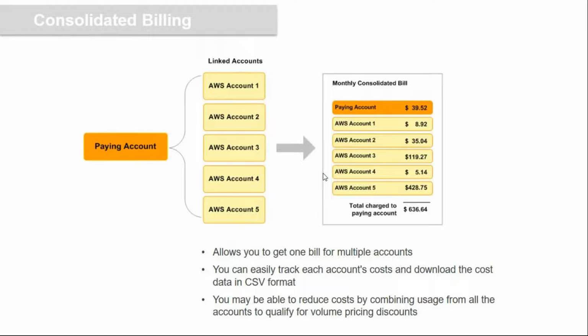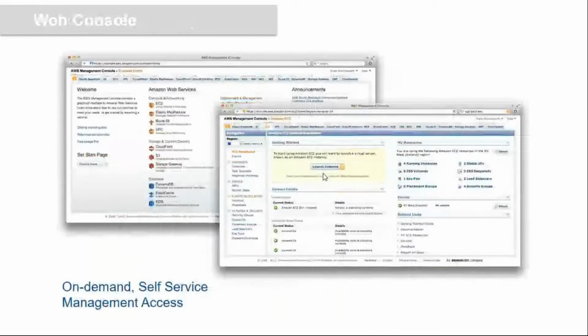It may also lower your overall cost, since the roll up of usage across all of your accounts could help you reach a lower price volume tier more quickly.